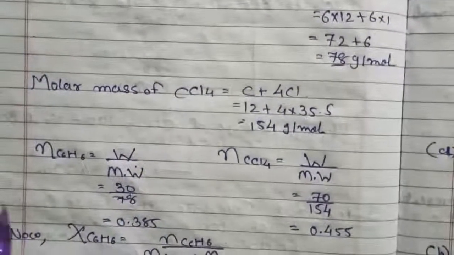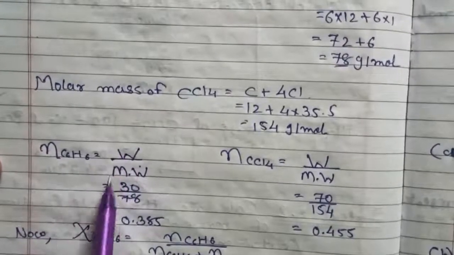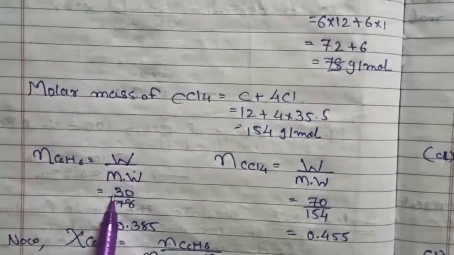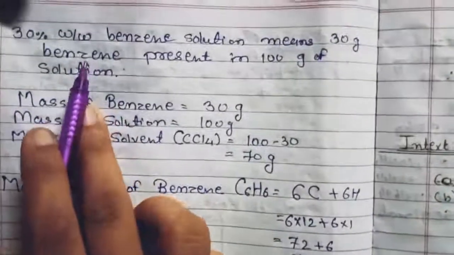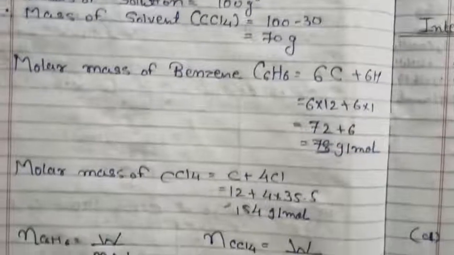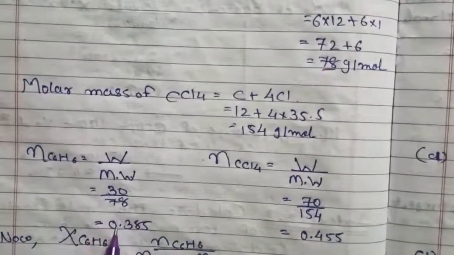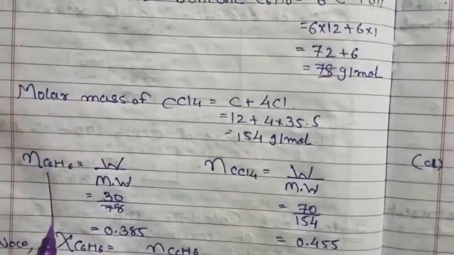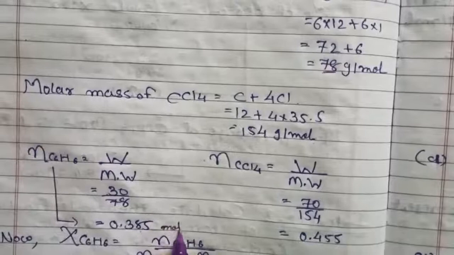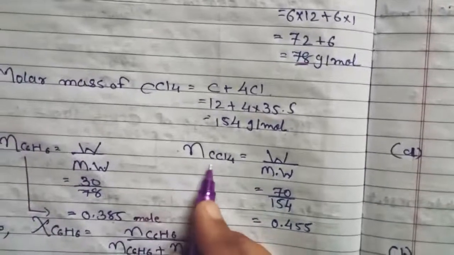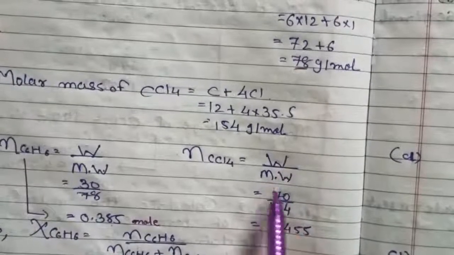Now the mole of benzene will be mass divided by molar mass. Mass is given as 30, which we derive from the statement 30% W by W solution. So mass of benzene is 30 divided by its molar mass, and you will get the moles of benzene, which is 0.385 mole. Similarly, the mole of carbon tetrachloride equals mass of carbon tetrachloride divided by its molar mass.